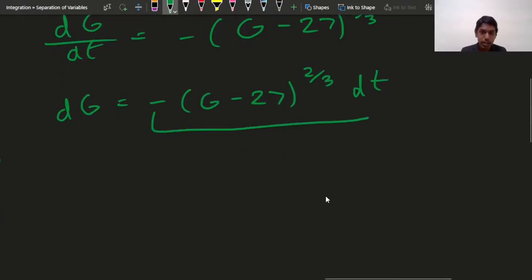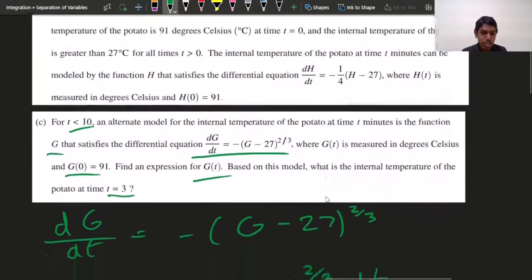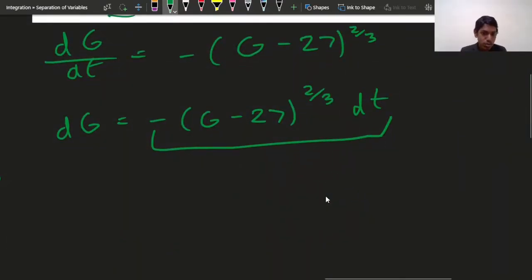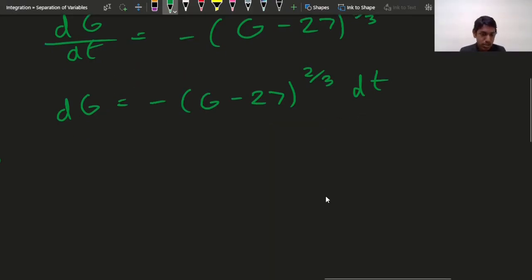But we have a problem. We can't quite integrate yet because that's a g, and we're integrating with respect to t. So you have to move this over here so that it matches. So let's do that. So I'm just dividing by g minus 27 to the 2/3.